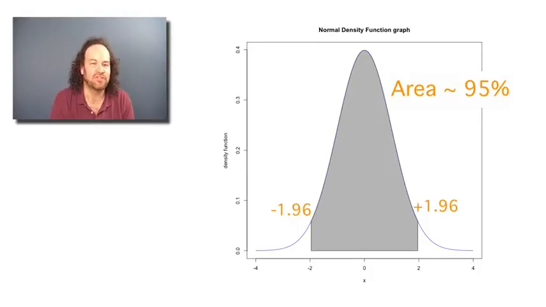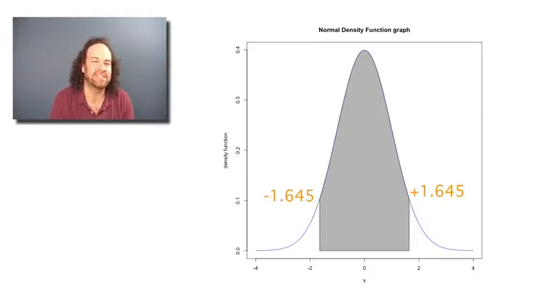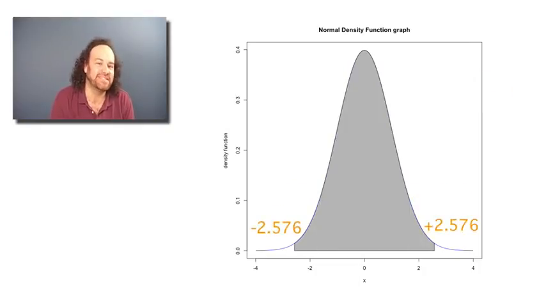For example, if you just do between minus 1.645 and plus 1.645, then you'll still get about 90% of the area. So you can use that value to make 90% confidence intervals. Or if you want to be more careful, and you go from minus 2.576 up to 2.576, then you'll get about 99% of all the area underneath the curve, and that's the way to get 99% confidence intervals.